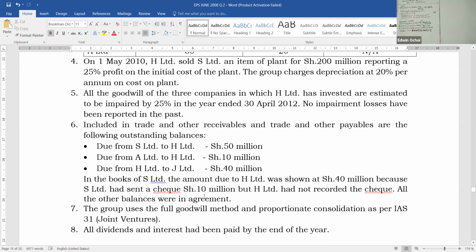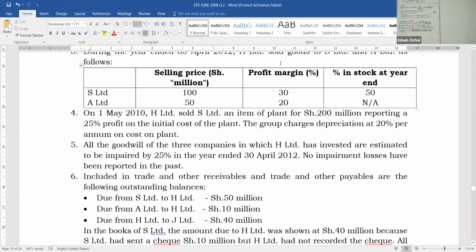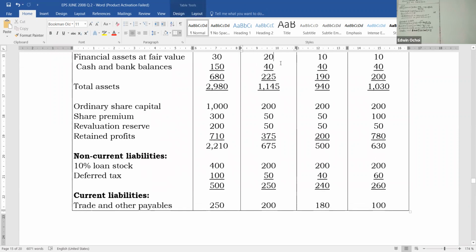S had sent a check of 10, but H had not recorded the check. So which means that 10 was in transit. So 10 has been paid, it was in transit. So I have to reduce the 10 under receivables and I will add it to bank or cash. So the 40 is the one which was outstanding. We cancel out by again subtracting under receivables. And when I come to payables, I would subtract this 40. That is why you see after taking the parent transactions and the subsidiaries, I'm adjusting those items.